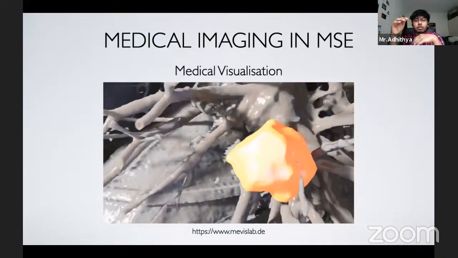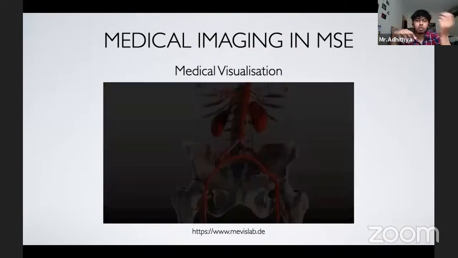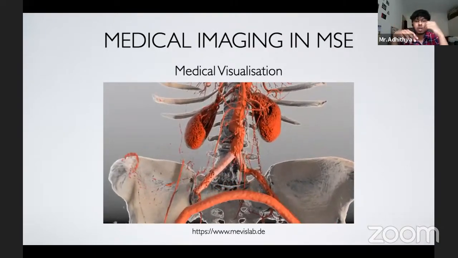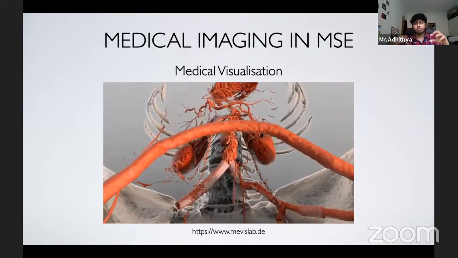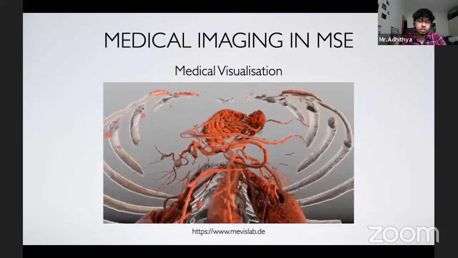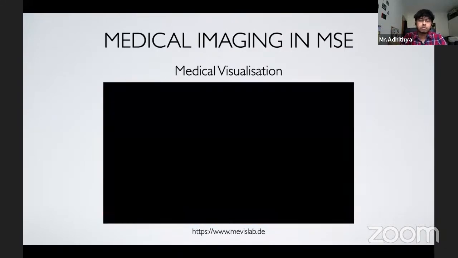So you can always get a better visualization of your organ or tissue of interest in order to do further diagnostics or treatment. This is a really interesting part of medical imaging which I personally liked during my studies.